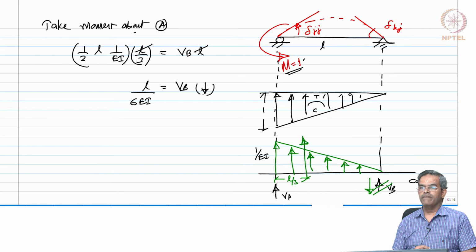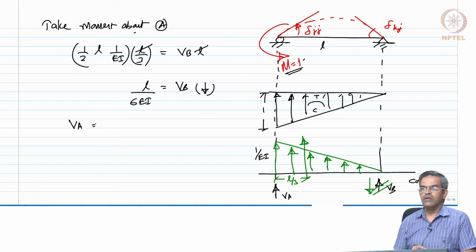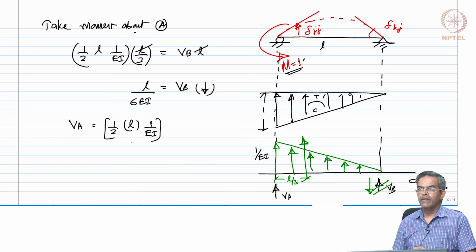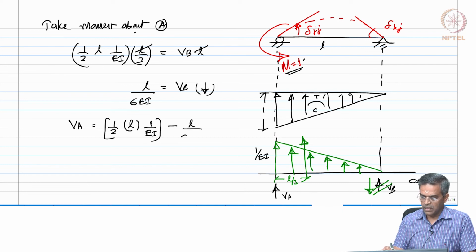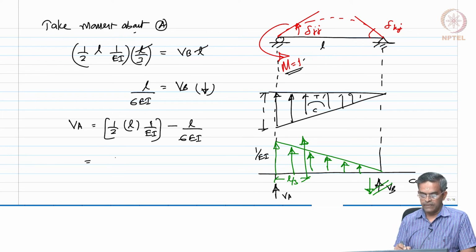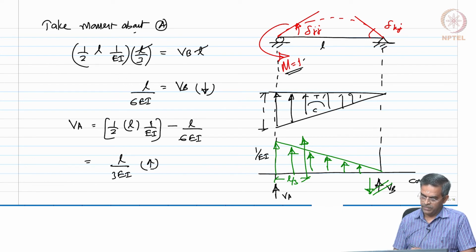Now, I can say VA will be equal to half into base into height, the total force, minus L by 6 EI, that is what my VA is. So, this will give me VA as L by 3 EI acting upward.